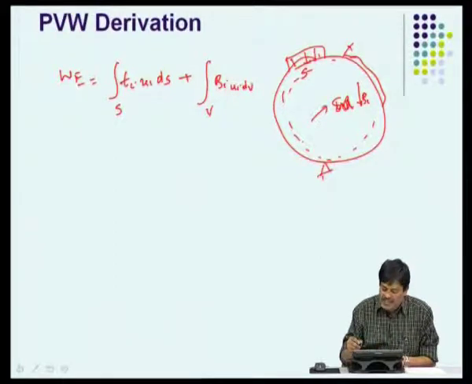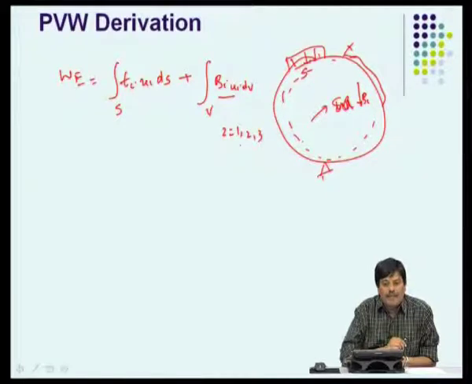So, essentially what we are saying is this is the work done by body force. Here i equals 1, 2 and 3, corresponding to the 3 coordinate directions.